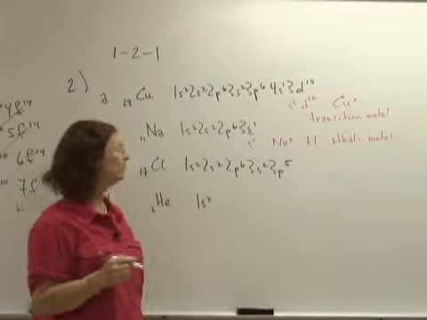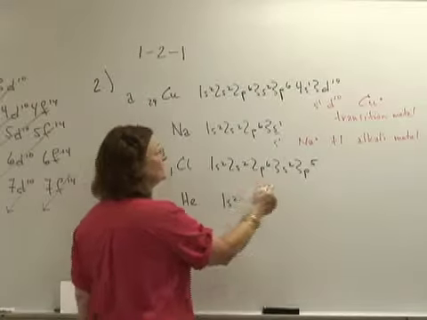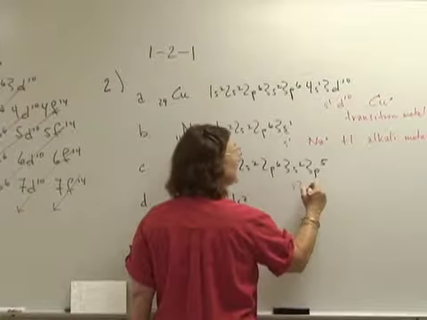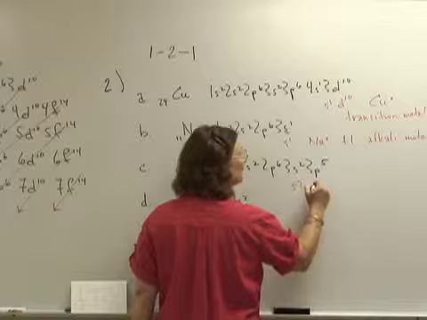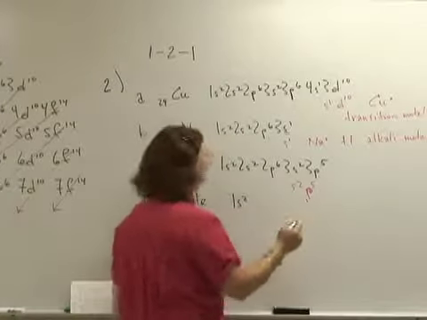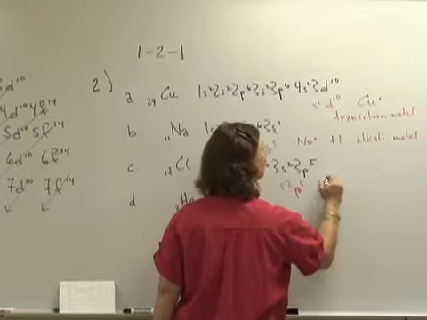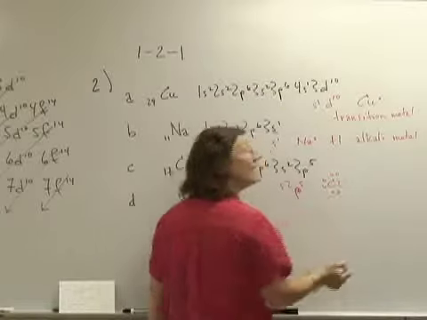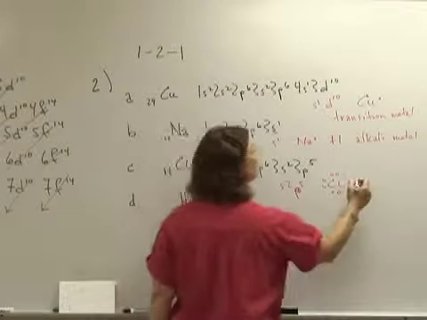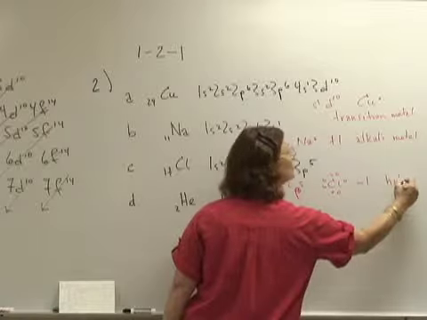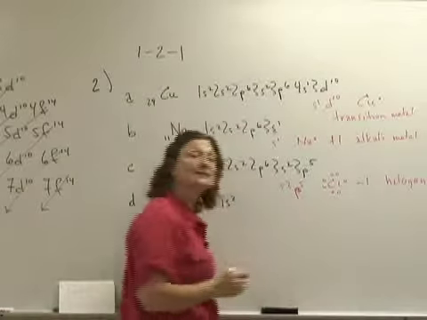In that first column. Chlorine ends in s2p5, and therefore it has 7 dots. It has an oxidation number of -1, and it is a halogen, is its family name.